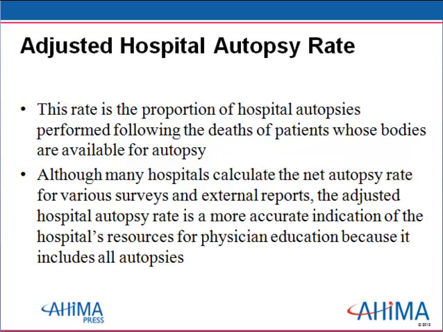The adjusted hospital autopsy rate is the proportion of hospital autopsies performed following the death of patients whose bodies are available for autopsy. Although many hospitals calculate the net autopsy rate for different surveys and external reports, the adjusted autopsy rate is really a more accurate indication of the hospital's resources for physician education because it does include all autopsies.